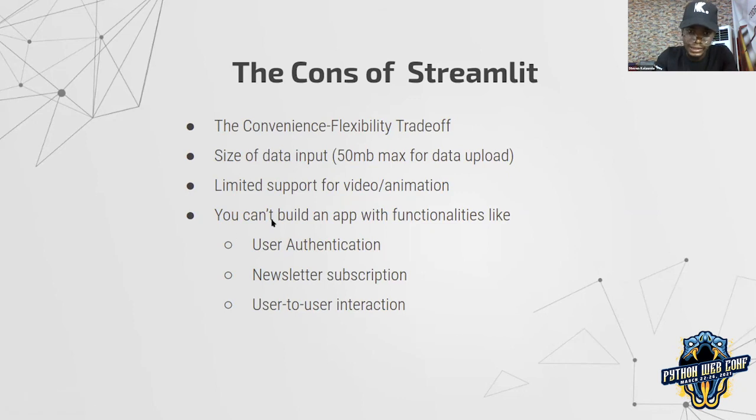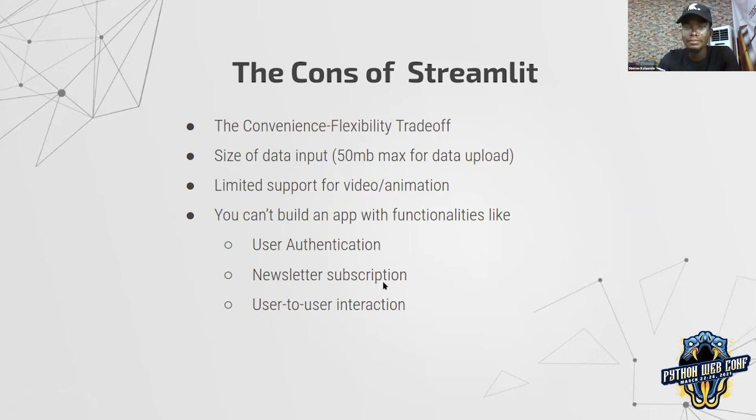Another issue is the size of the data input. You cannot upload data whose size is higher than 50 megabytes. If you're dealing with large files like videos, this might be a problem for you. Also, there's limited support for videos and animation.